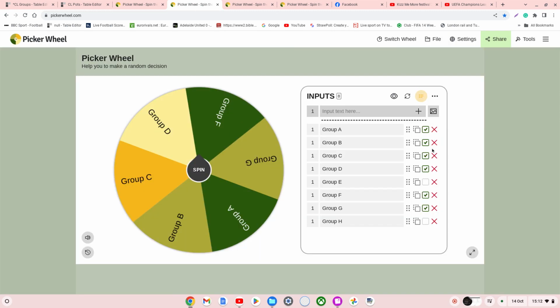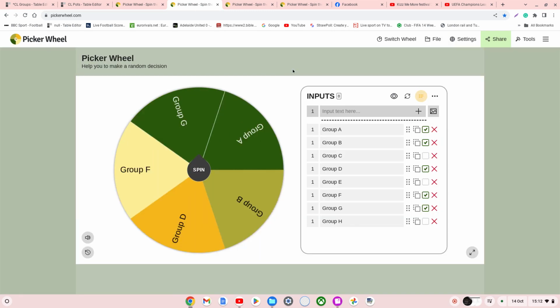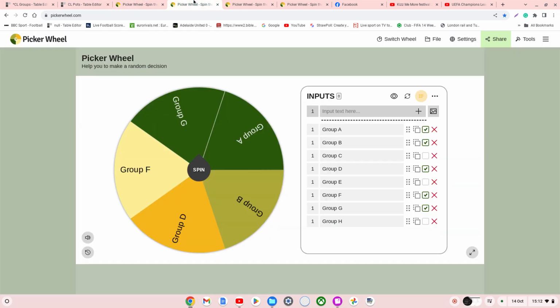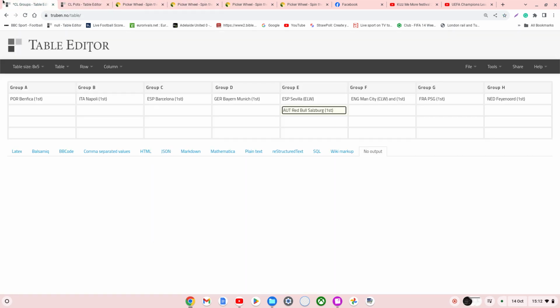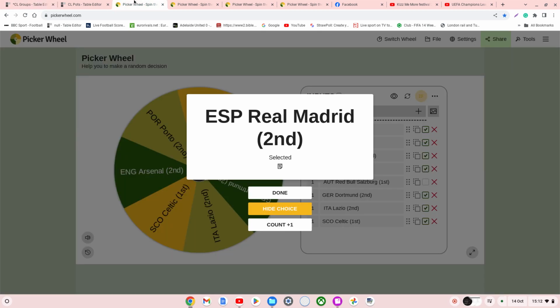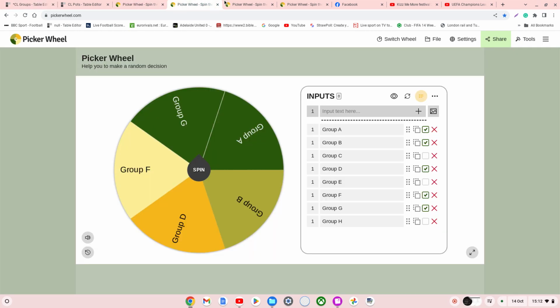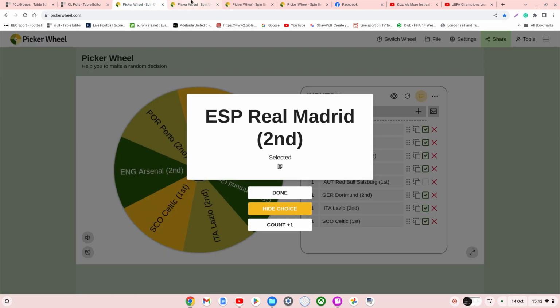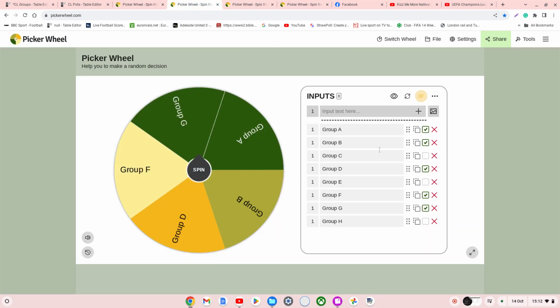So C is not available for Real Madrid, and Group E is already being used because of Sevilla. So they have 5 options: A, B, D, F, or G.